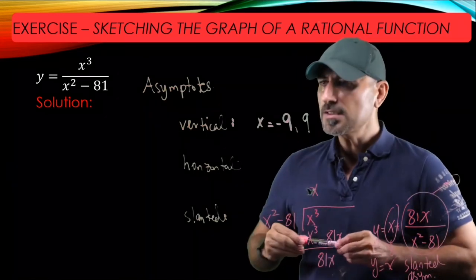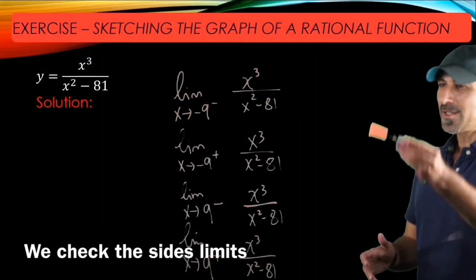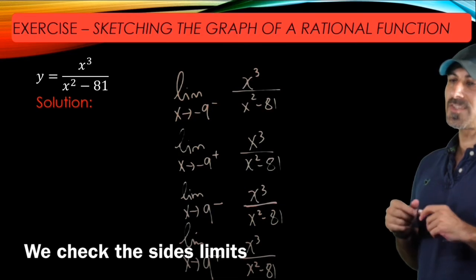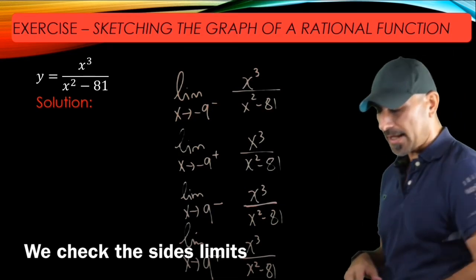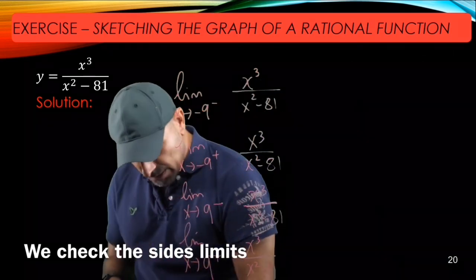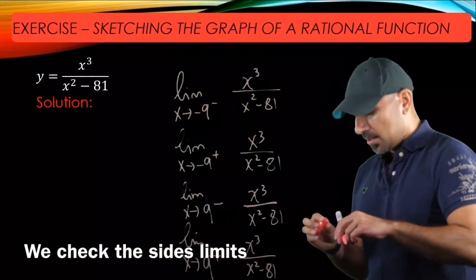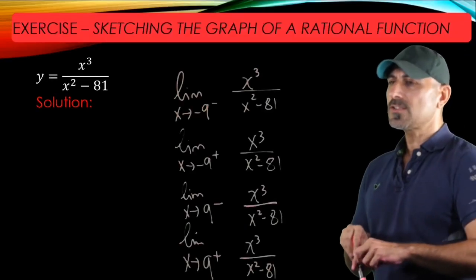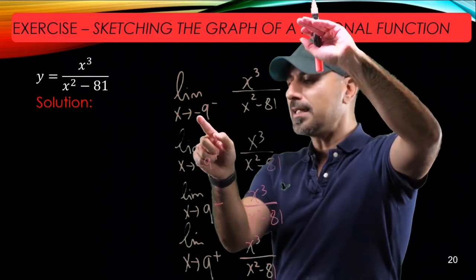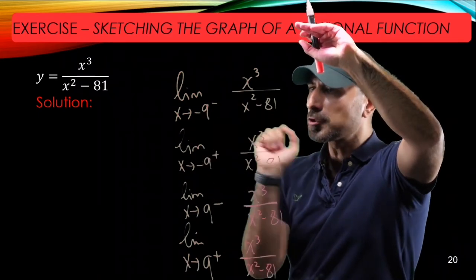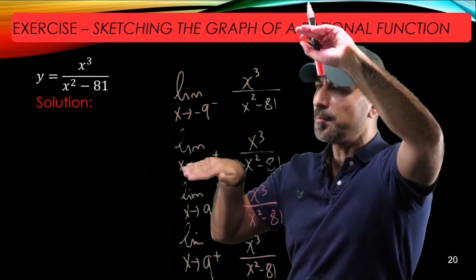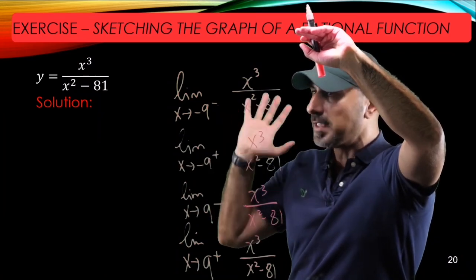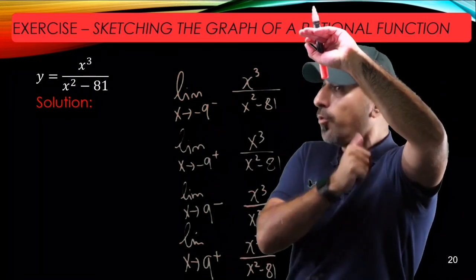And let's try to determine the behavior of the function on the left and on the right of these two points, which are not in the domain. We're going to look at those 4 limits just to see how the behavior of the function is on the left and on the right of -9 and 9. So let's really do that. If you're on the left of -9, you're talking about points like -9.001 maybe, or -9.0001.